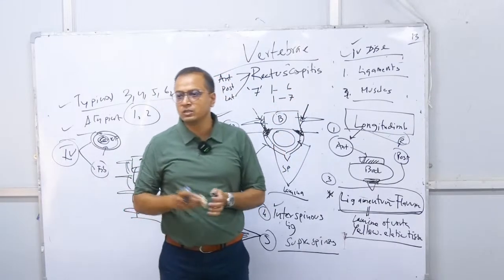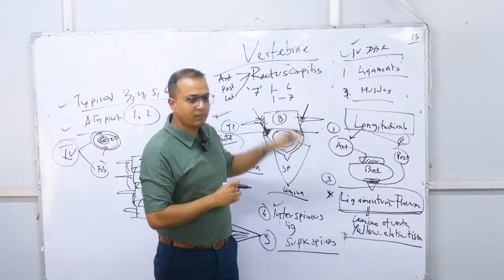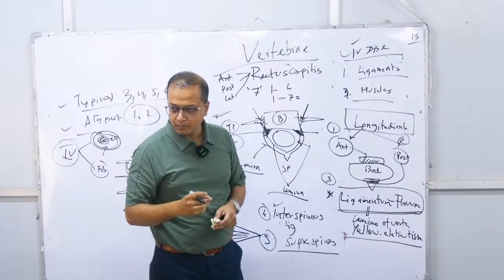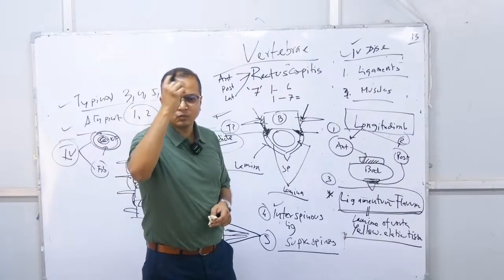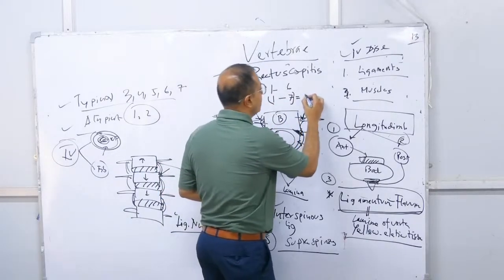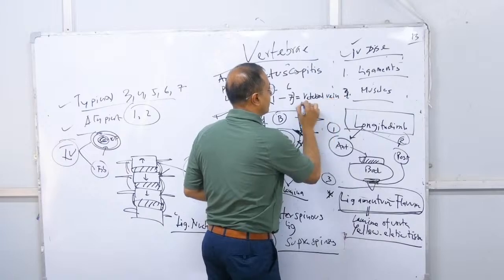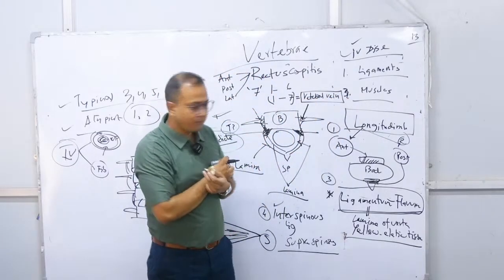What passes through this foramen is your exam question. Through the foramen transversarium of all of them, 1 to 7, what passes is the vertebral vein.